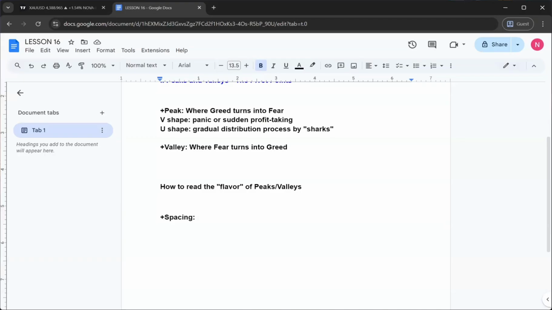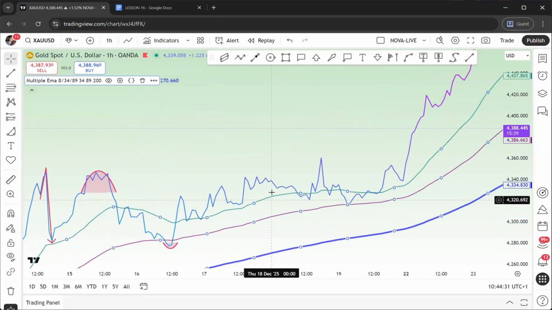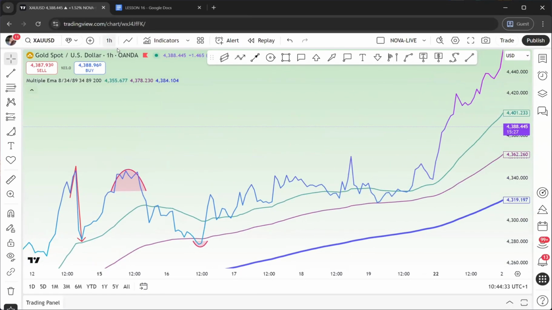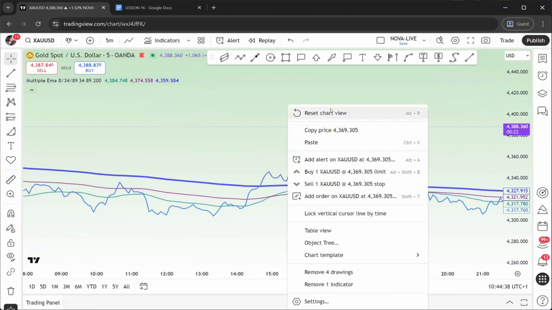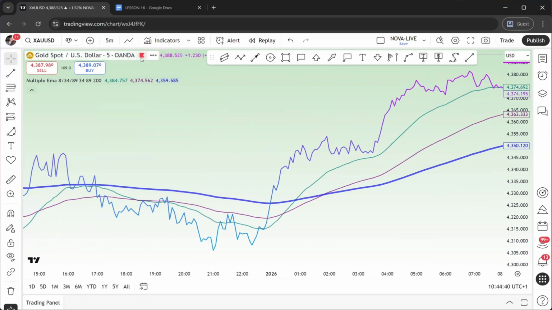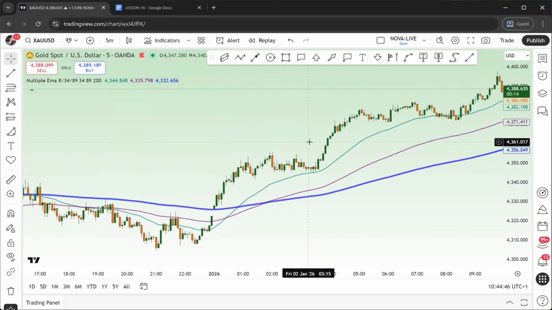And if they fall apart and are distinct, the market structure is very healthy. Let's go back to the 1 minute, small time frame, so that I can show you an example.